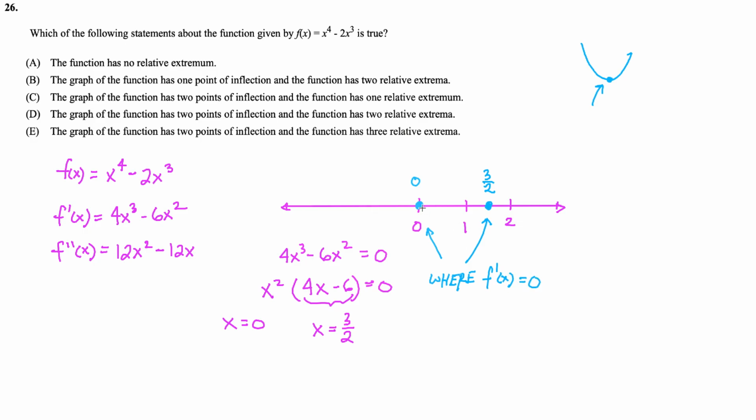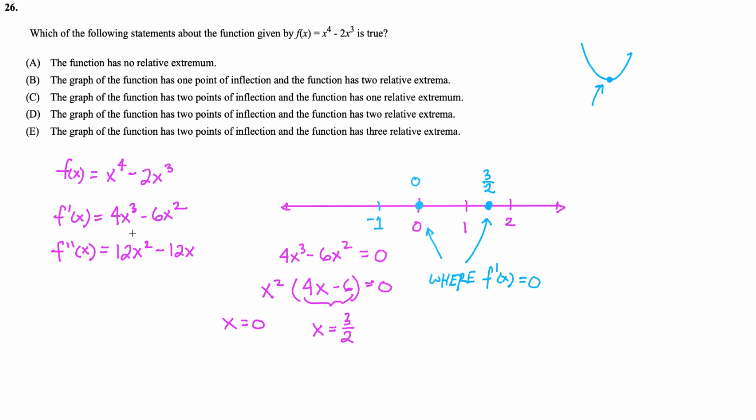And what you want to do is pick test points. Anything in this interval to the left of 0 is a good test point. So for example, -1 is a good test point. You plug that into your derivative, and if your derivative is negative, then your function is decreasing all the way up to 0. You can guarantee that. So let's see what we have here.